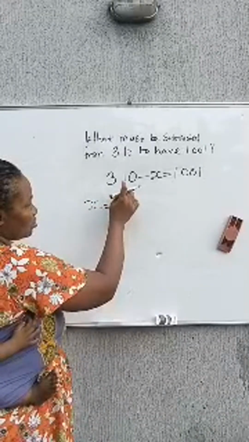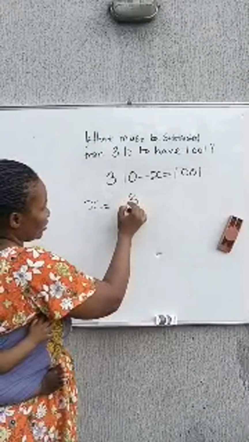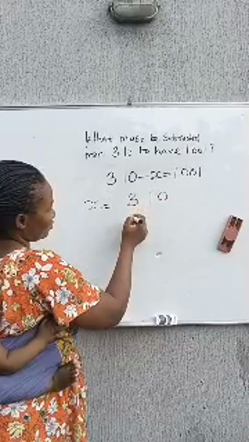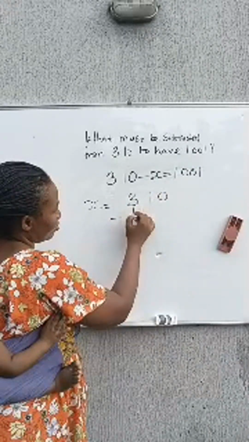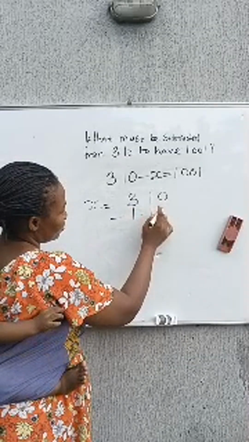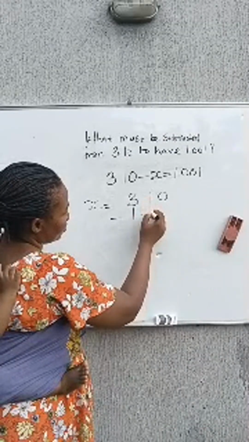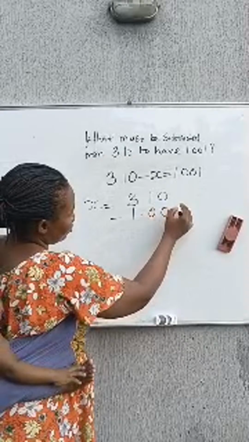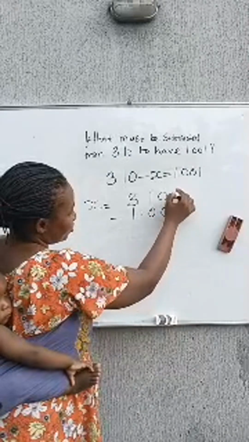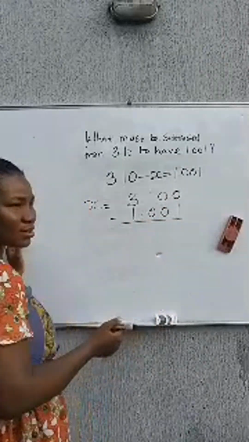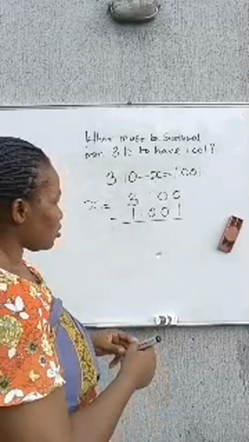So x equal to 3.10 minus 1.001. Now we need to put 0 here to balance the equation.